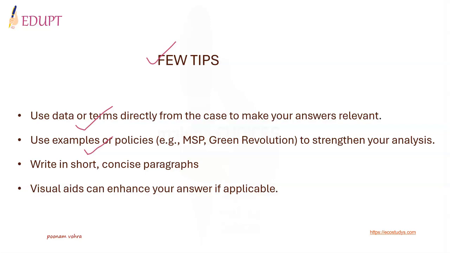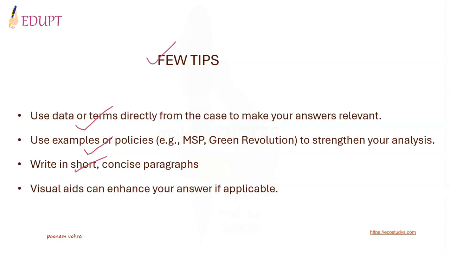You can use examples or policies in order to strengthen your analysis. For example, if the case study is relating to agriculture, you can use any example or policy relating to either the green revolution or minimum support price or any aspect which is given in the case study. And third, focus on clarity.